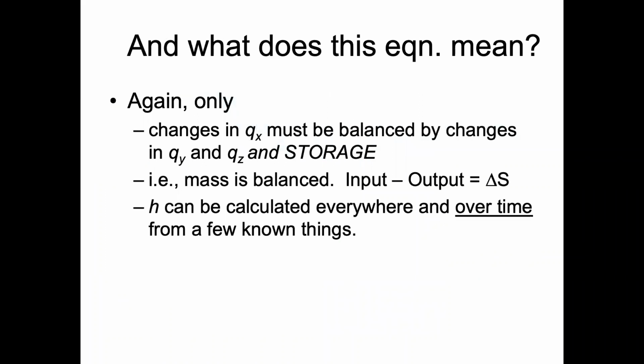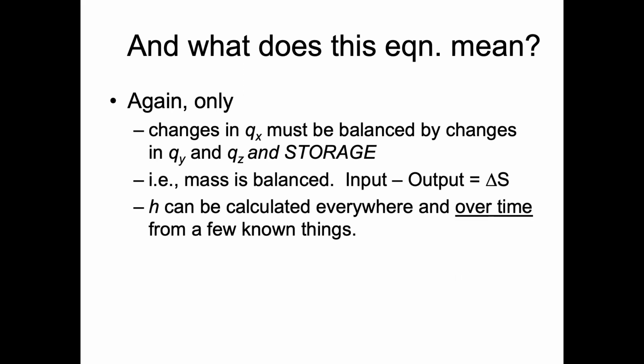So, just to go over and think about it, what these equations really mean is that in 3 dimensions, we are thinking about how the flux, and we can think about that as the volumetric flux, or the specific flux, Q, in the X direction must be balanced by changes in a flux in the Y direction and a flux in the Z direction, as well as some change in storage.